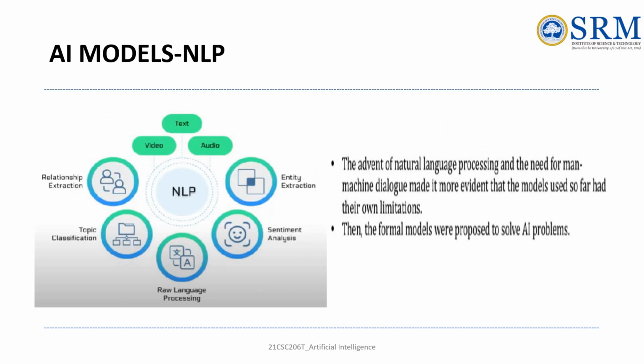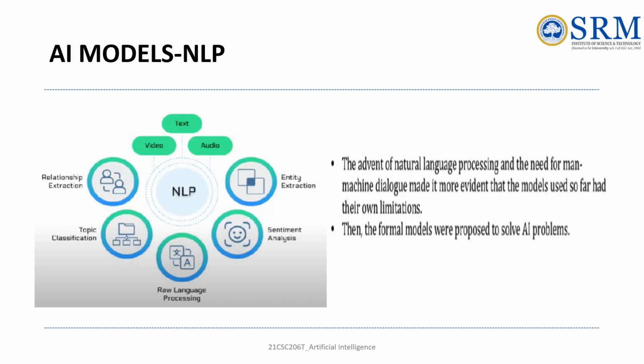One of the most dynamic areas of AI modeling today is natural language processing. NLP models aim to make sense of human language, which is messy, ambiguous, and context dependent. To model this, AI systems use syntax and semantic parsers, statistical language models, transformer models like BERT and GPT, and word embeddings like word2vec.